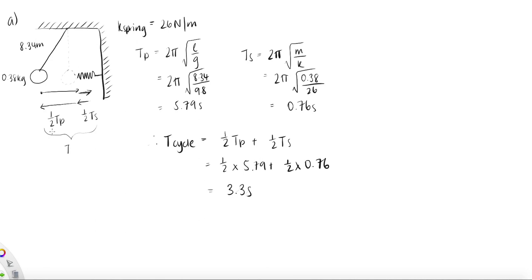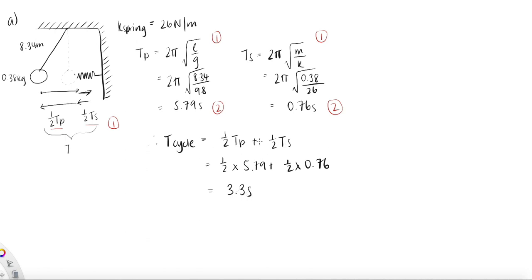So if you were to, for example, draw this diagram and recognize that you're covering half of the period of the pendulum and half of the period of the spring, you get a mark for that. If you were to actually identify these equations, you get a mark for each one. If you were to actually work out what each of the periods are, you get 2 marks for each of those.